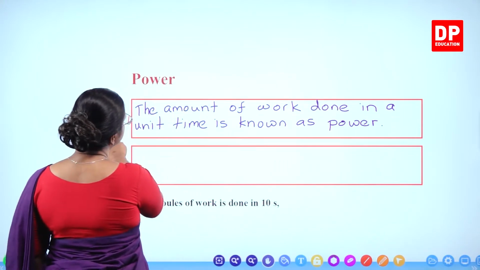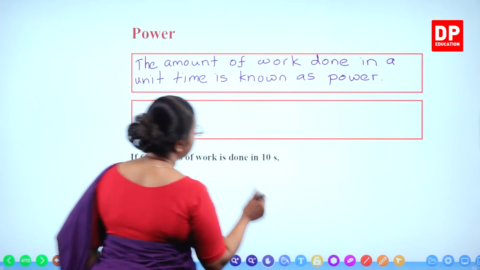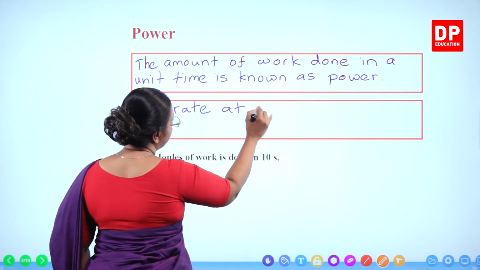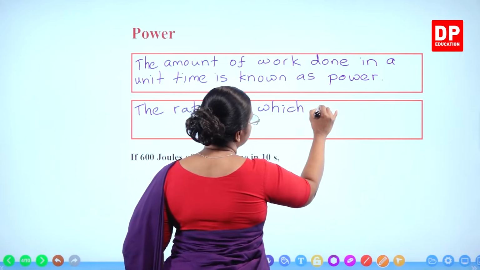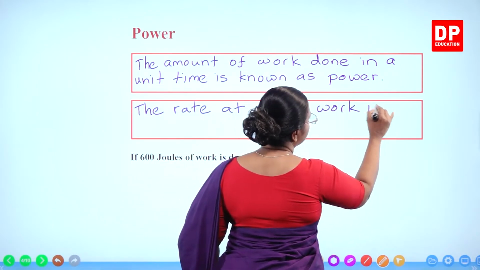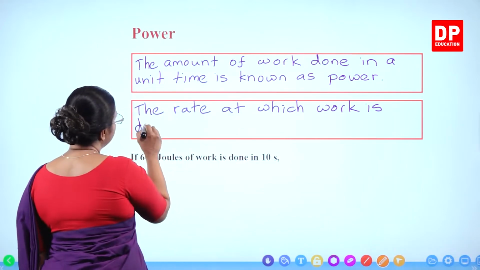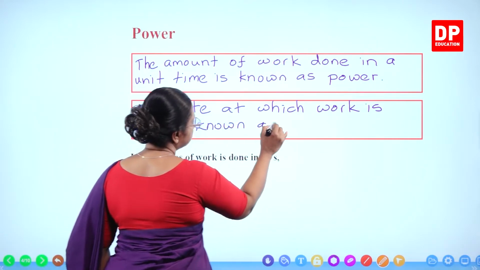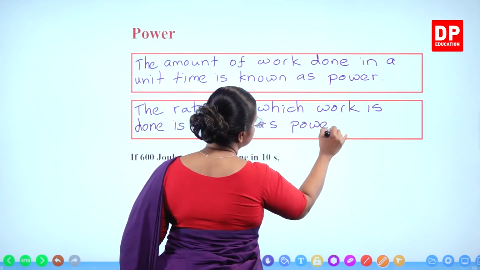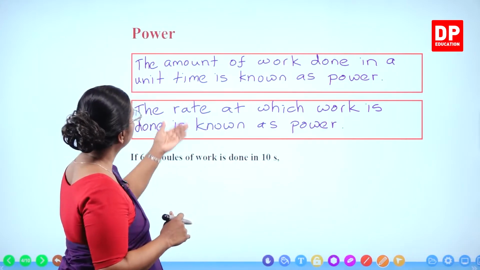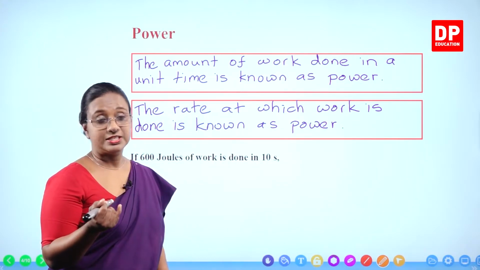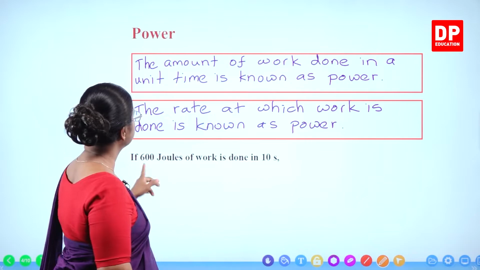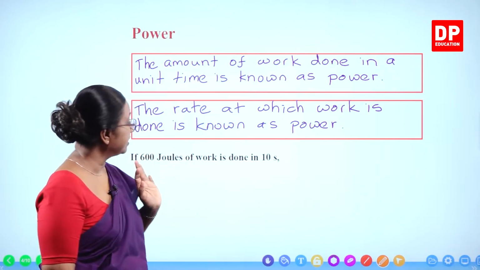In the same way, we can say the rate at which work is done is known as power. So you can use one of the two definitions. The amount of work done in a unit time is known as power, or else you can say the rate at which work is done is known as power.